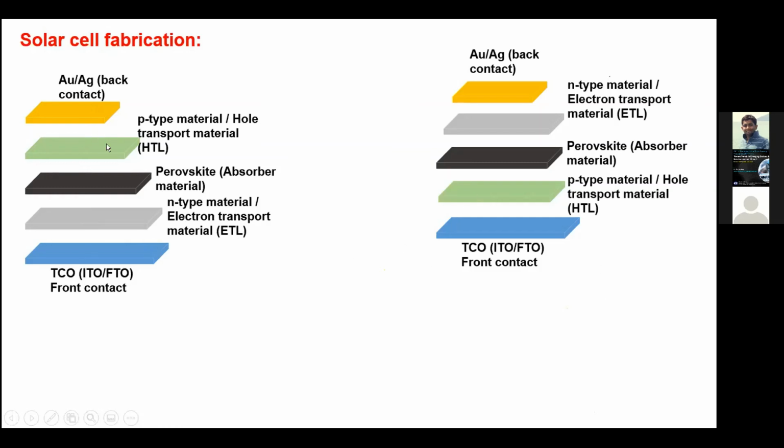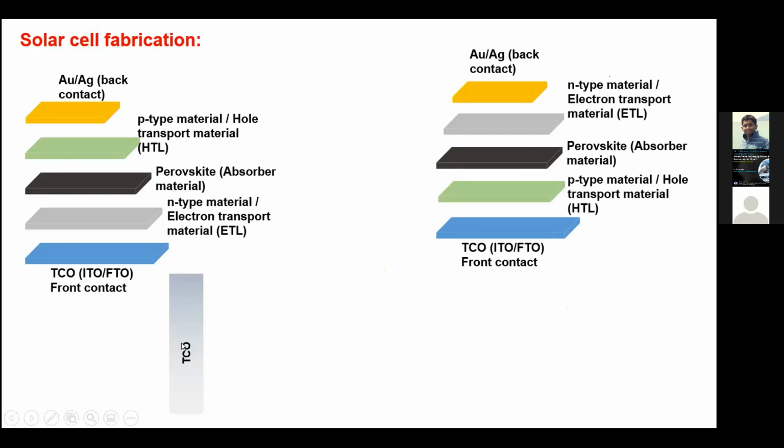So you have a back contact, you have a front contact, and you can have an inorganic electron transport layer, you can have a polymeric hole transport layer, or a polymeric N-type layer. And nowadays people already have 26% efficiency from the perovskites.